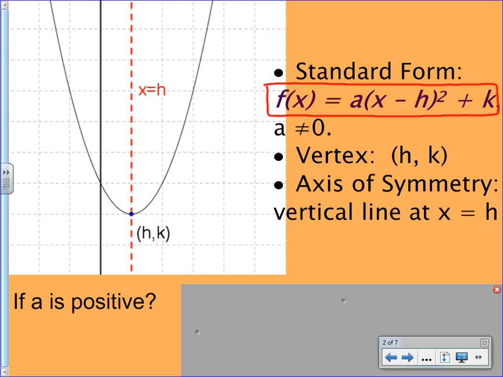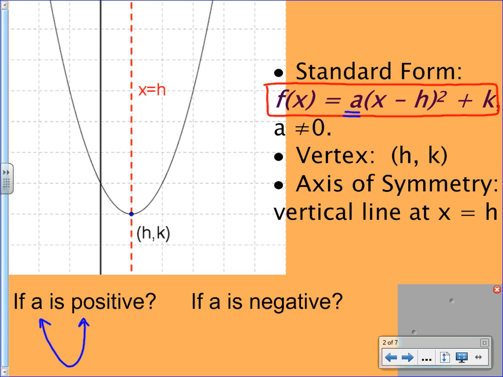What does it mean if our A is positive? If it's positive, whether it's stretched or shrunk, it's going to open up, right?